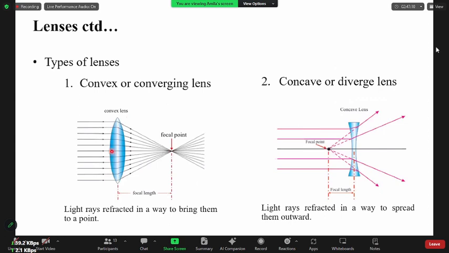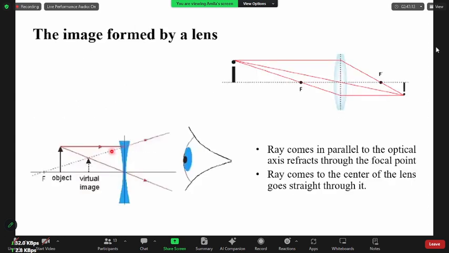All the time when you need to decide about the image formed by a lens, you need at least three rays coming from the object. And we are using these two specific rays, the way they behave.